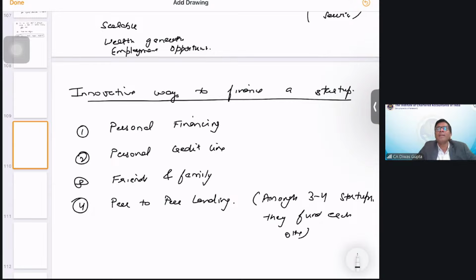When, let's say, the cash flow is there, then they will repay it back, right? So this is called peer-to-peer lending, where there is a specific group of people who amongst themselves give and take loans, right? And they repay them back.